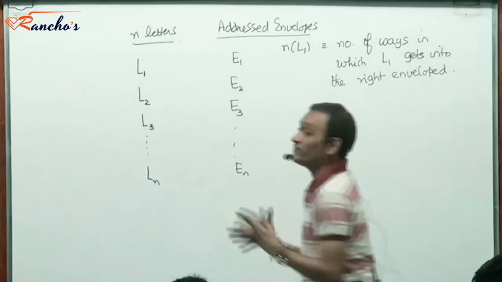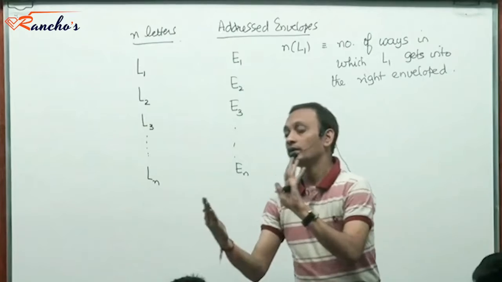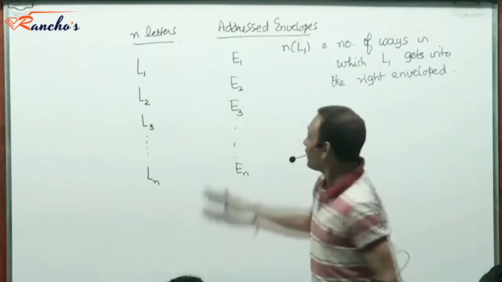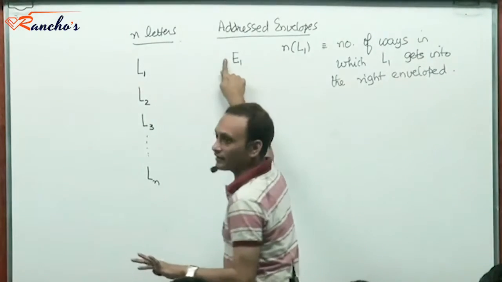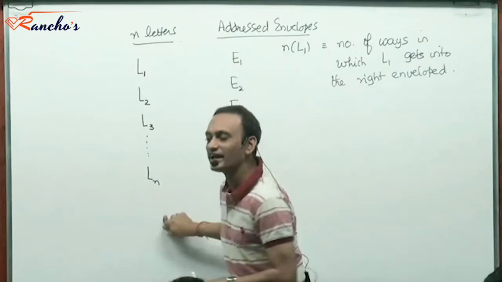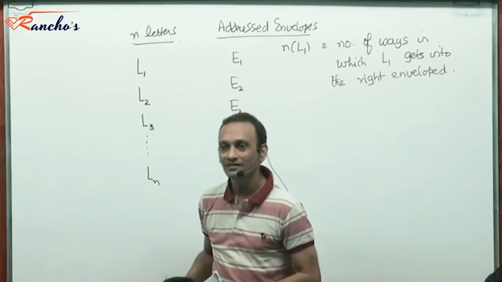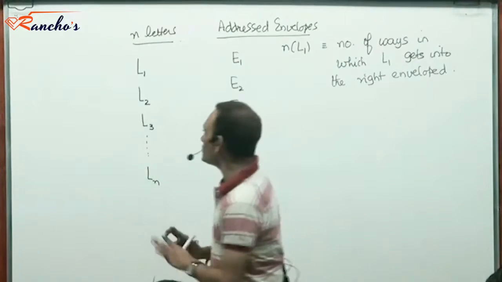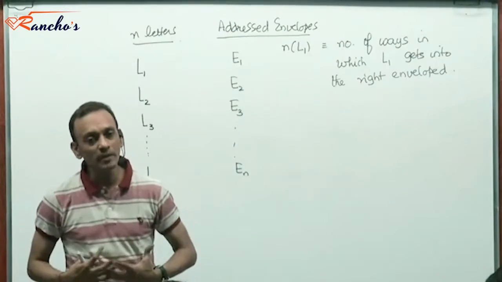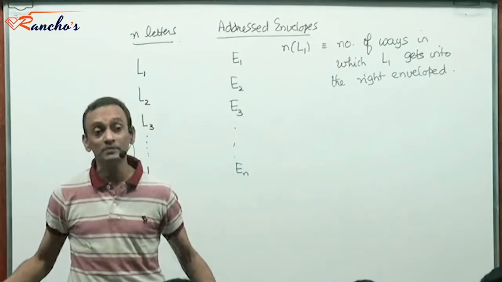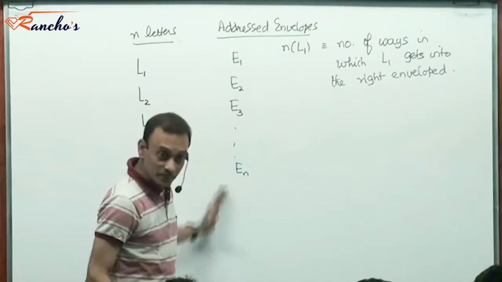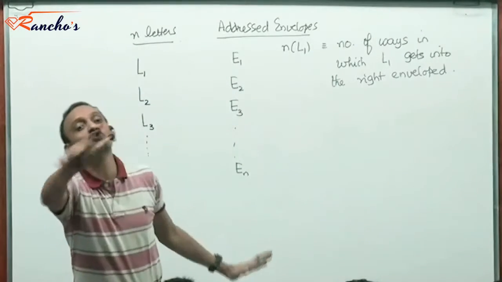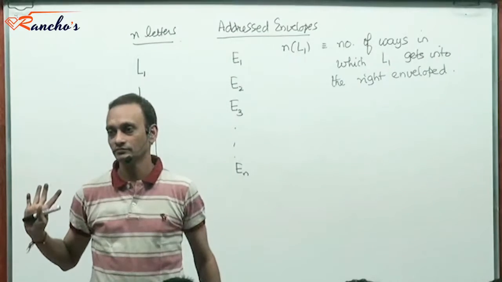Okay, now in how many ways can I depute L1 to E1? No. It's not about delegating L1 to E1. It's also about dealing with the rest of the envelopes. N-1 factorial. Because see, this whole thing is about delegating all letters to all envelopes. It's about delegating all letters to the envelopes in which L1 has gotten into the right envelope.